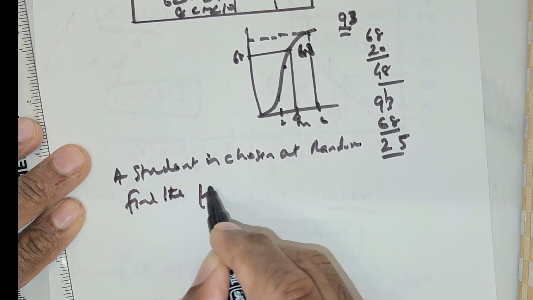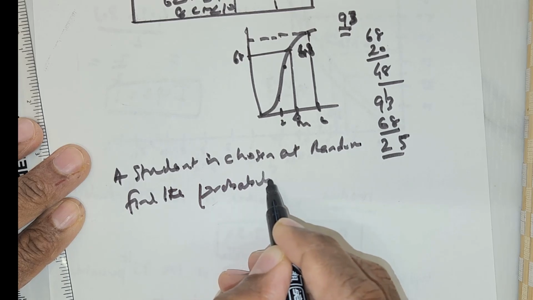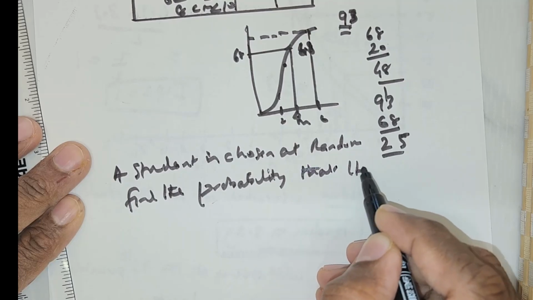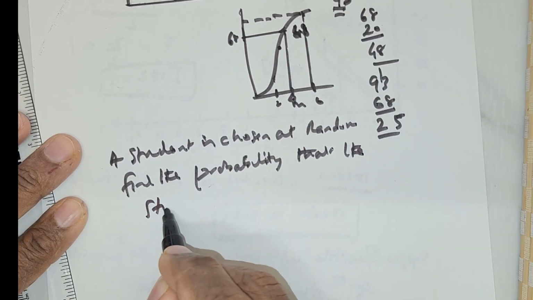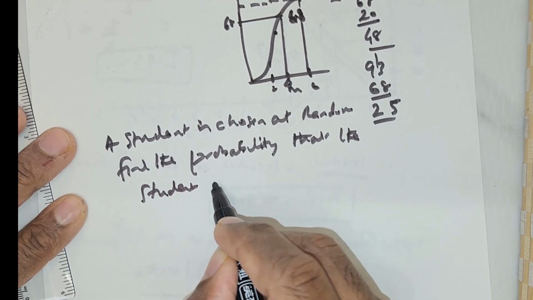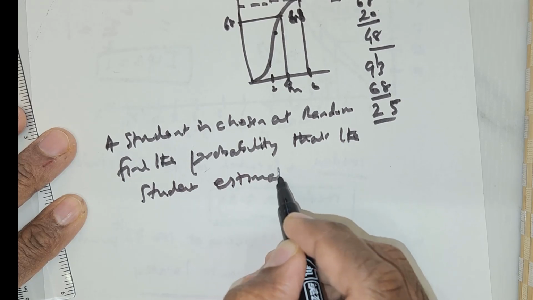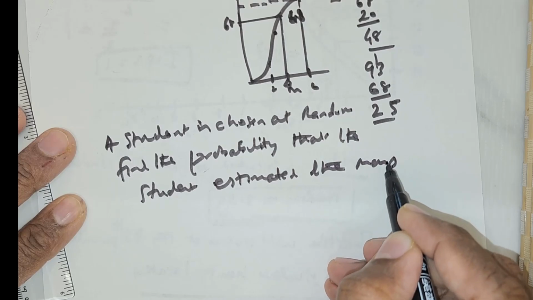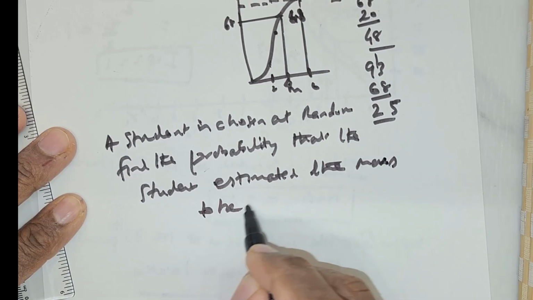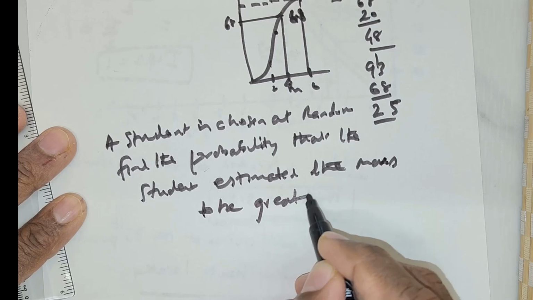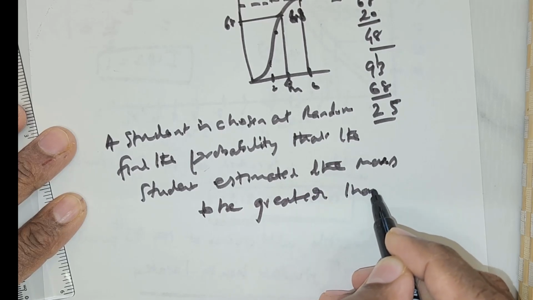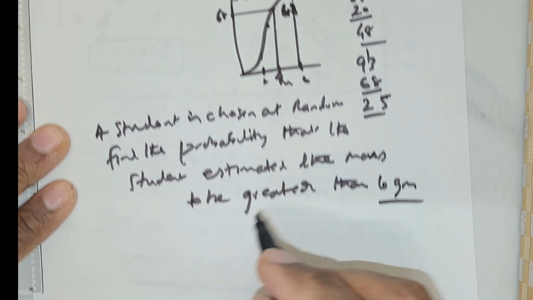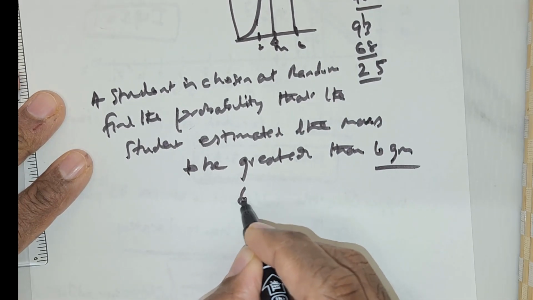Find the probability that the student estimated the mass to be greater than 6 grams.